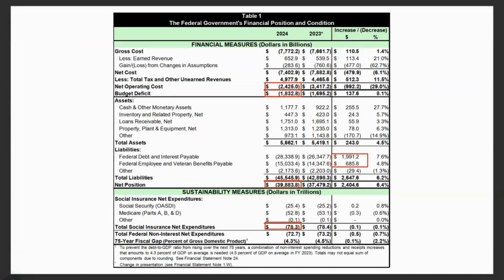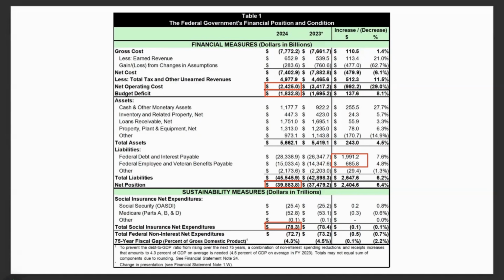But this gives a lot more detail. For example, on about the 5th line down, you can see the total taxes collected were 4.978 trillion, which is up 11.5%. So the government's collecting lots of taxes, but unfortunately spending more than that level of increase.